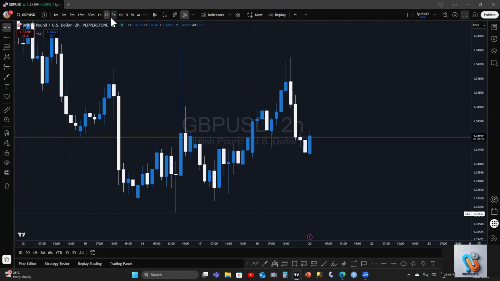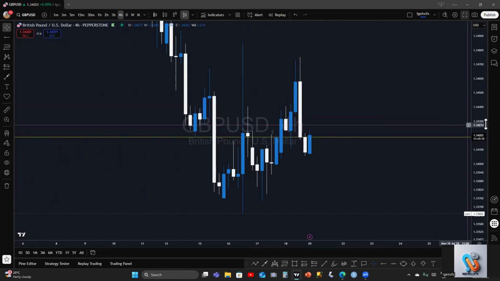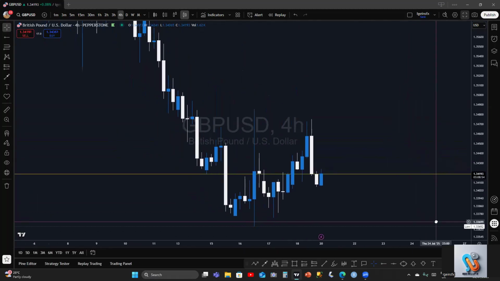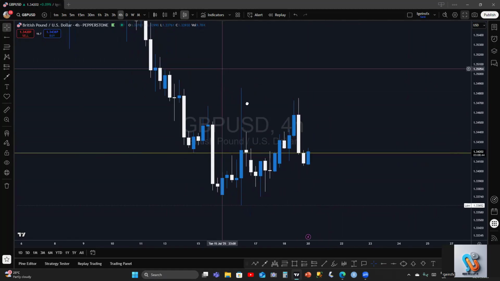And if we move to 4 hours, there's the only imbalance that we have. The price action will come back, close up this thing again before it drops.